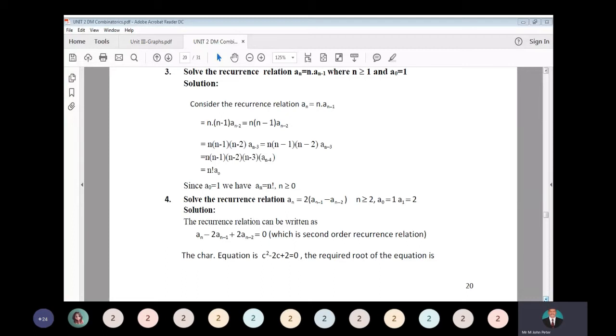Like that, when you expand it, you will get n factorial into a naught. So an is equal to n factorial into a naught. Here the given condition is a naught equal to 1. So when you replace it, an equal to n factorial where n greater than or equal to 0. That is the general solution of the given recurrence relation.